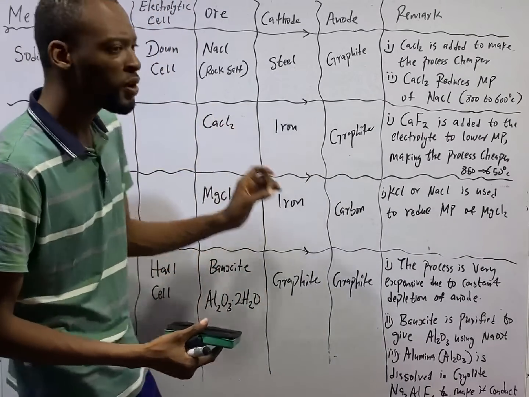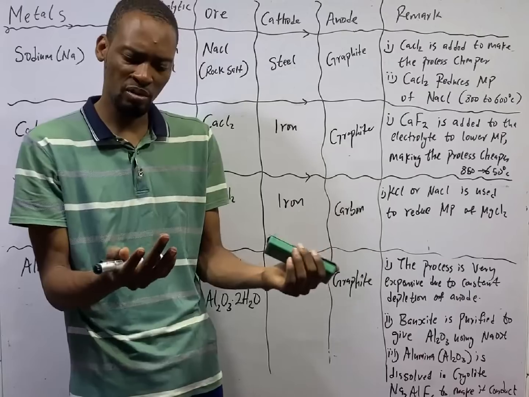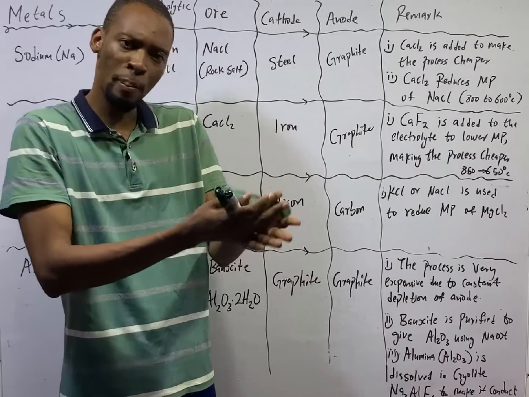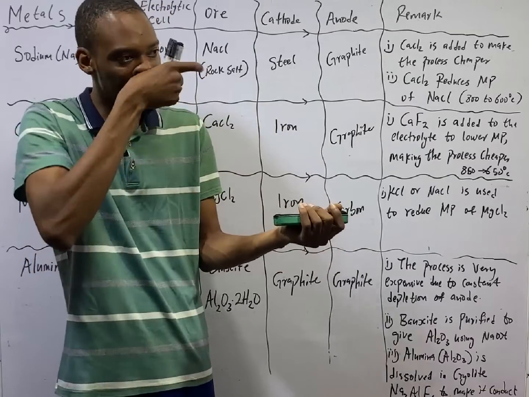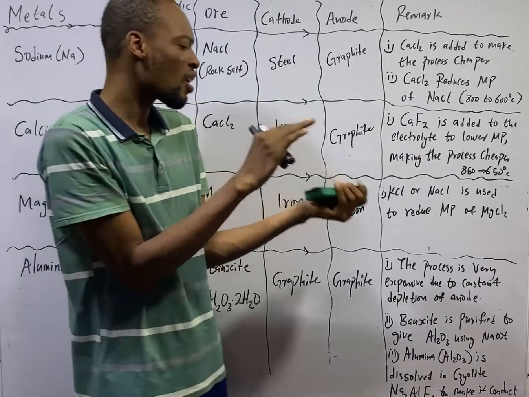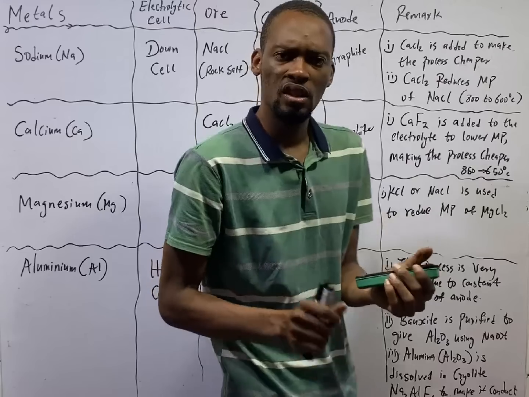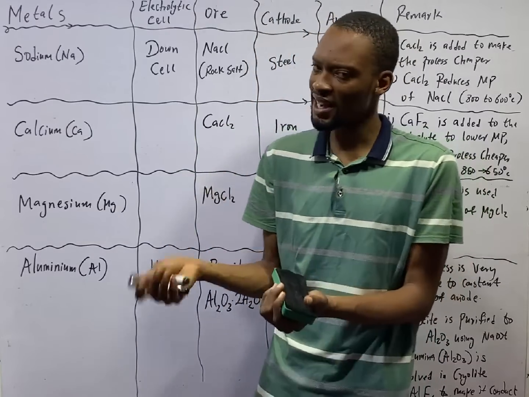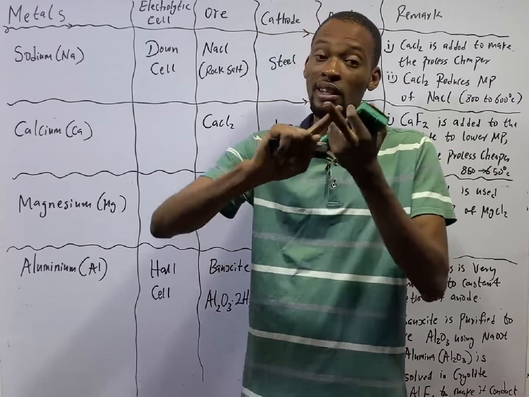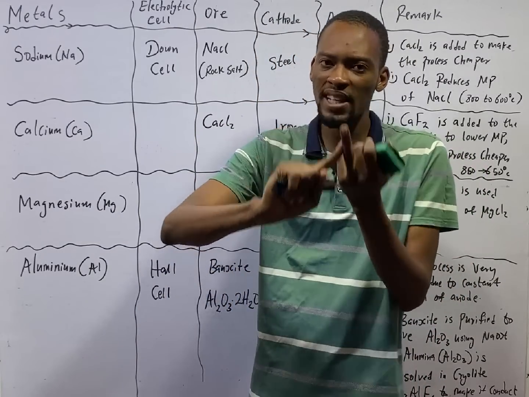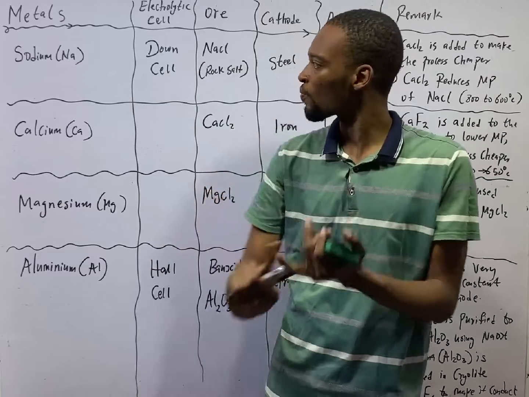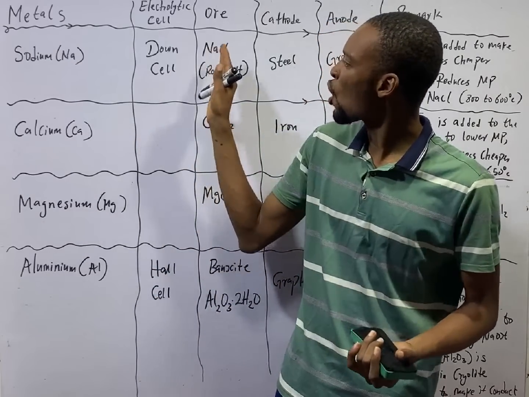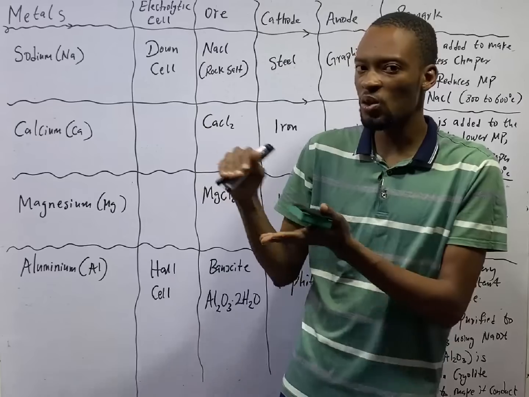Now, I told you that metals are not found in free state, they are found in combined state with other elements, and that is referred to as ore. I also say that for very reactive metals, their ores are usually the chloride ores, the oxide ores, and hydroxide ores. For sodium, the ore is sodium chloride, that is rock salt.